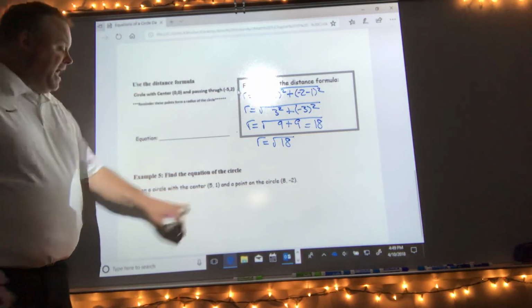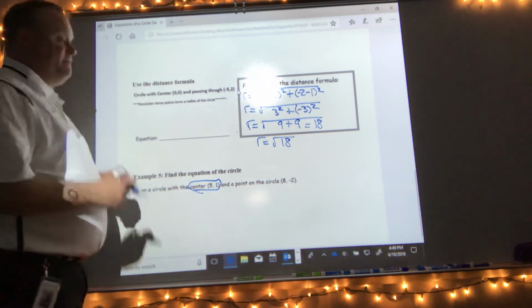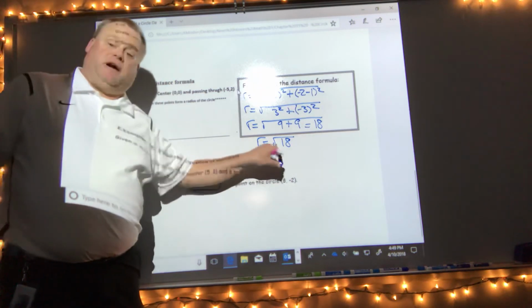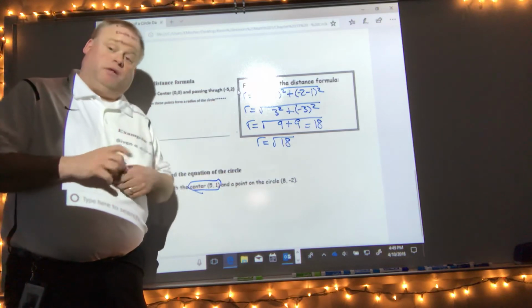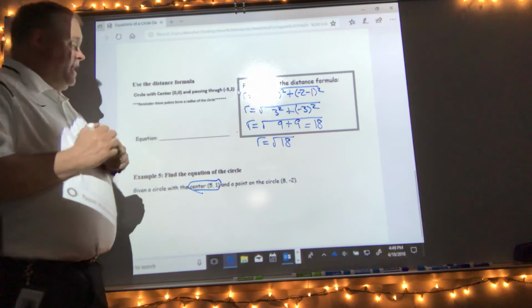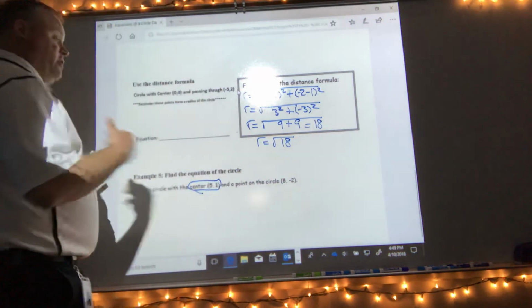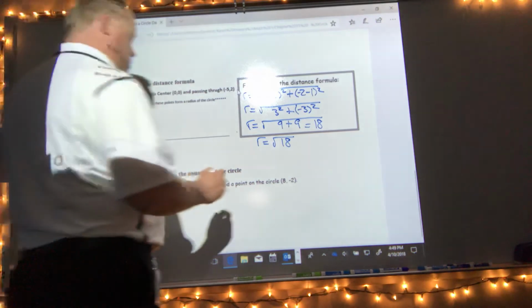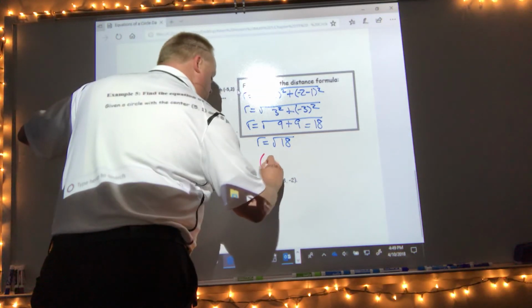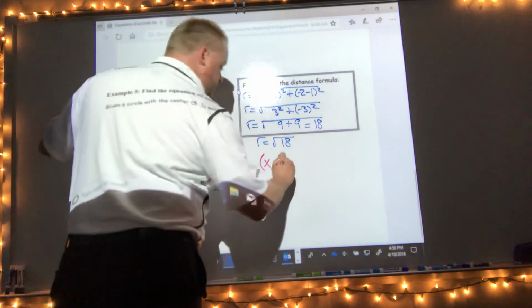So now I have my center, which is that point at 5, 1. I have my radius. So I can plug in and go into my formula. X minus h squared plus y minus k squared equals my radius squared. So here we go. X minus, my center is at 5, positive.